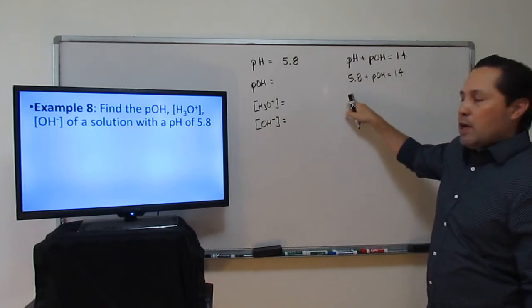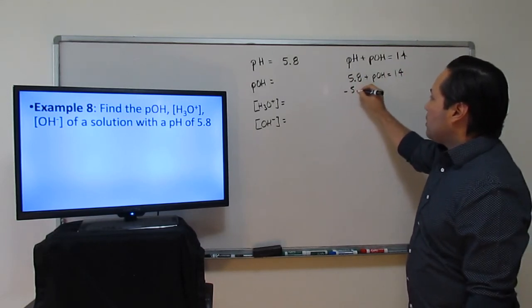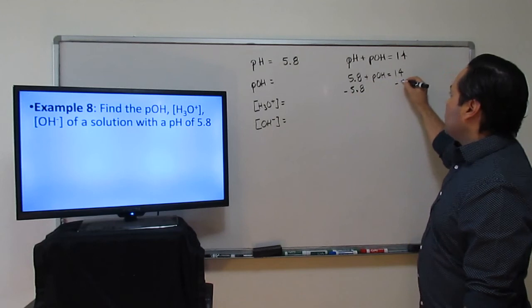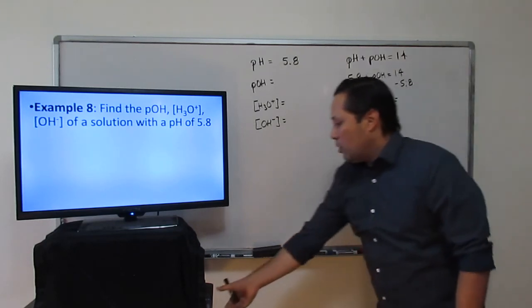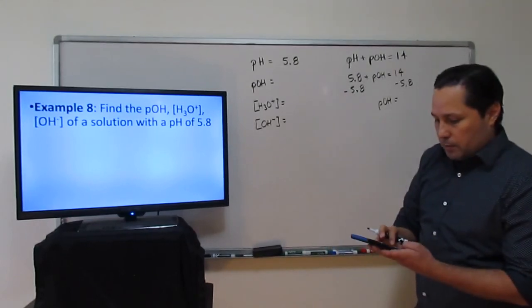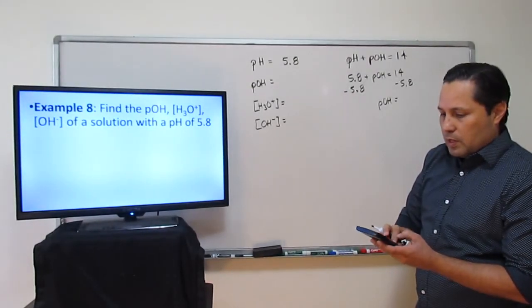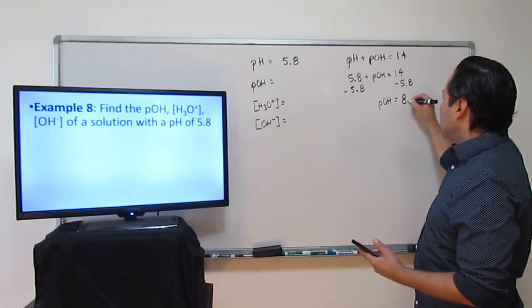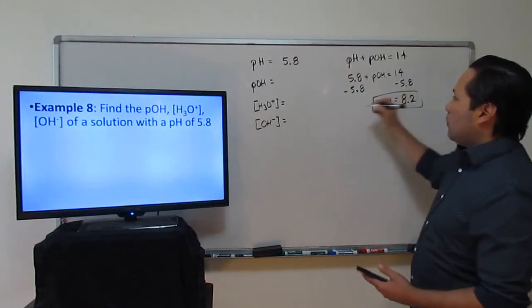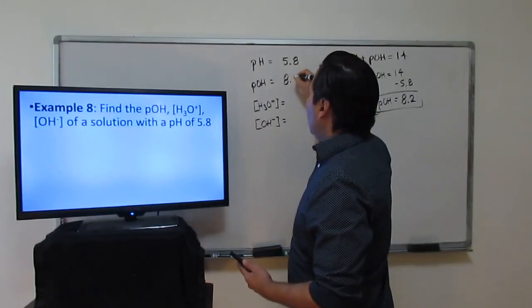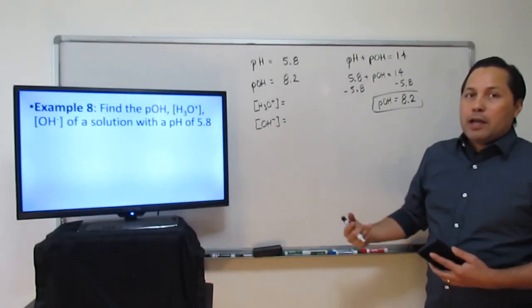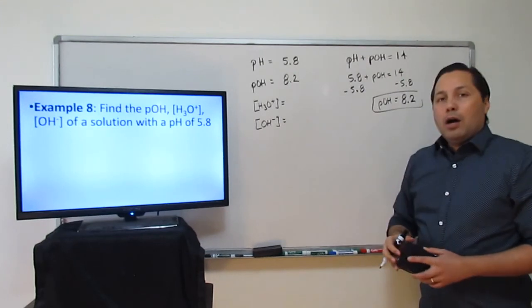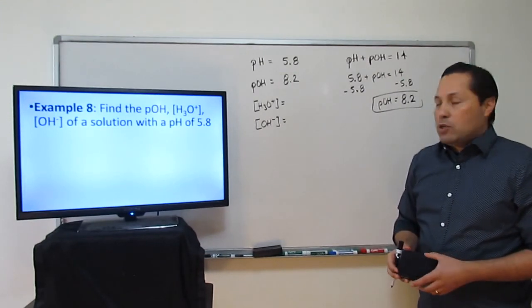All I'm going to do now is isolate the pOH by subtracting 5.8 from both sides. So we end up with pOH equal to 14 minus 5.8, which gives us a value of 8.2. So that is our first answer, 8.2. Next, I have the pOH, so I can use that to solve for the hydroxide ion concentration.